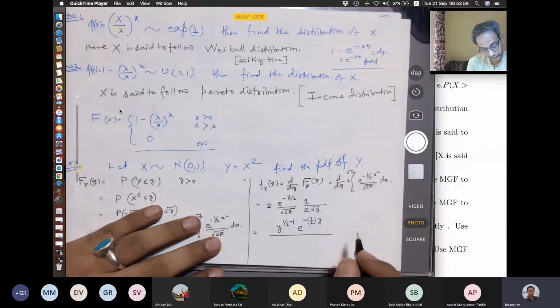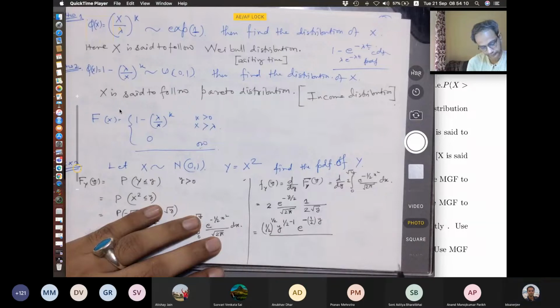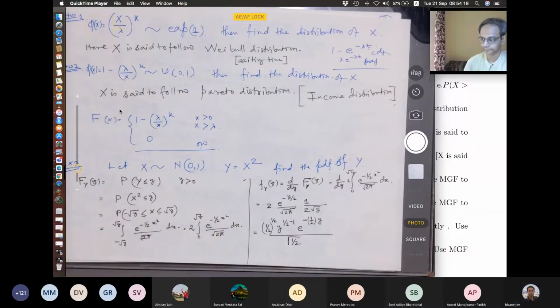So 1 by root 2 we can write as half to the power half, and root pi we can write as gamma half. Is it okay?